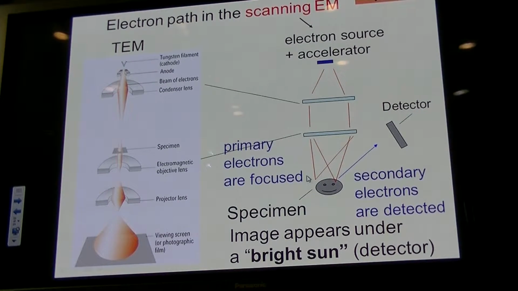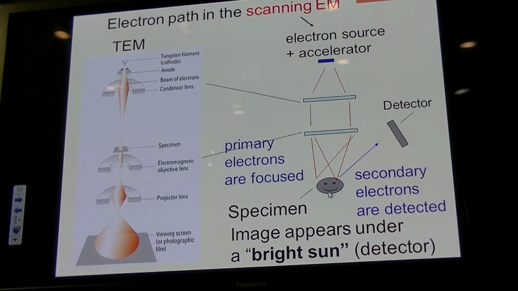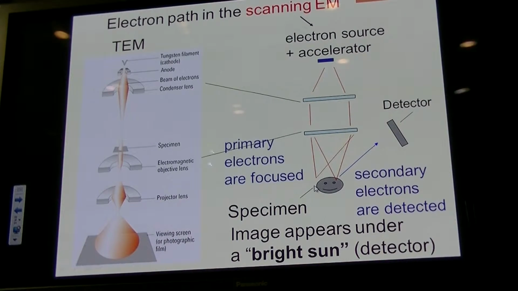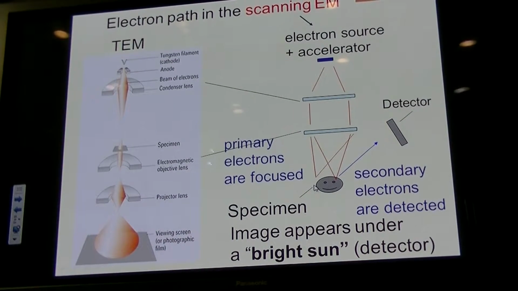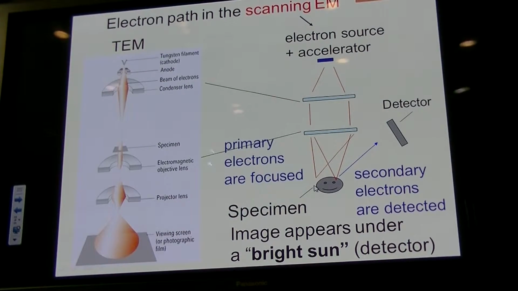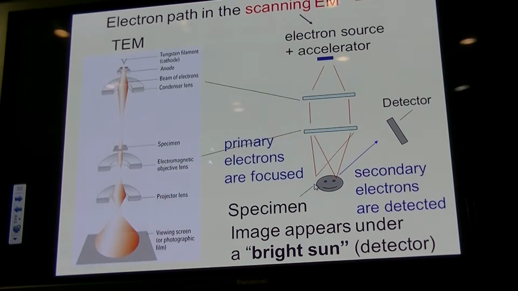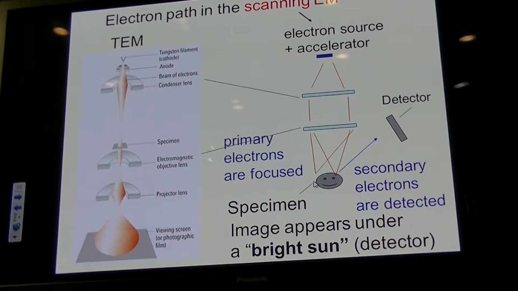So how do we get an image? We get an image because these primary electrons hit the specimen, and the specimen is always stained again with heavy metals. And then what happens is the primary electrons, which have a lot of energy, bounce into the heavy metal electron sphere, and they kick out a couple of electrons from that specimen. And we call that the secondary electrons.